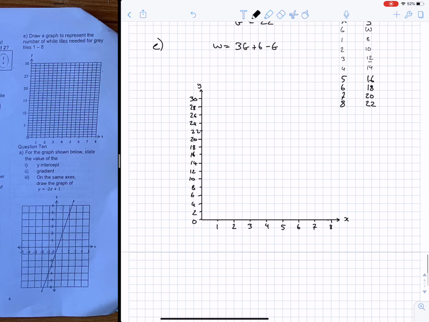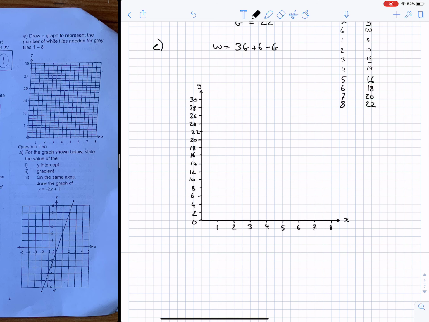Okay, so let's get back to plotting. Number 1 is 8. Number 2 is 10. Number 3 is 12. Number 4 is 14. Number 5 is 16. And number 6 is 18.